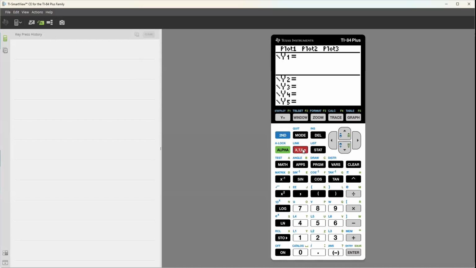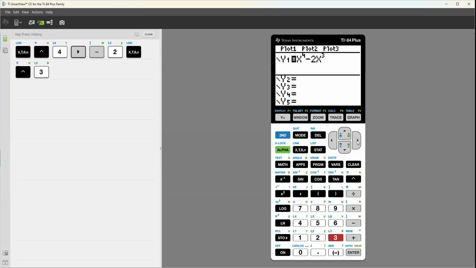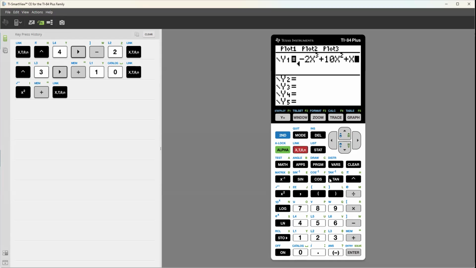So I had x, exponent 4, arrow down, minus 2x, exponent 3, arrow down, plus 10x squared, plus x, minus 15. So I'm going to go to the window.